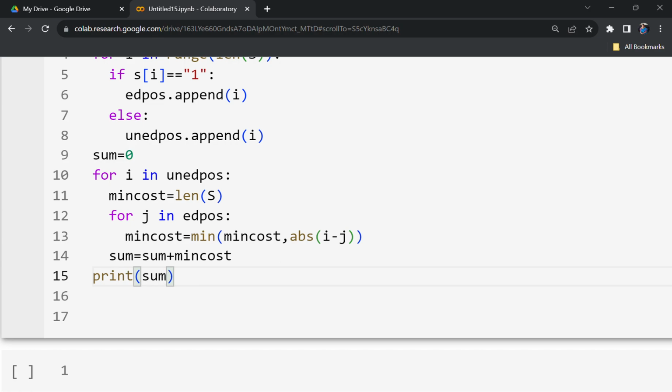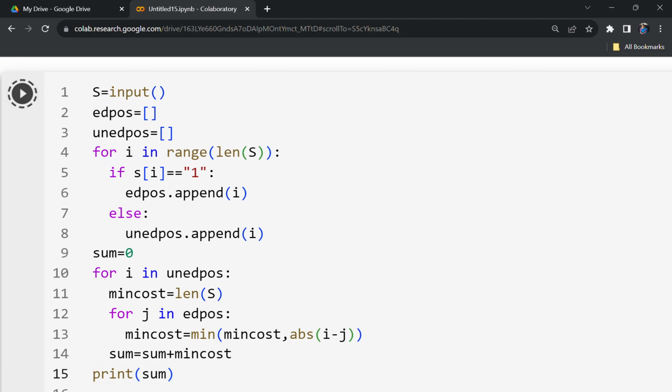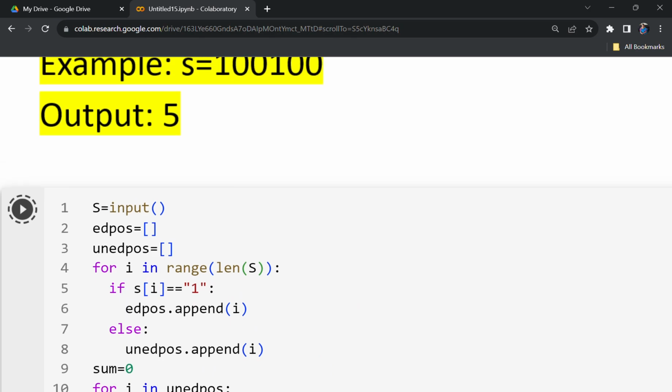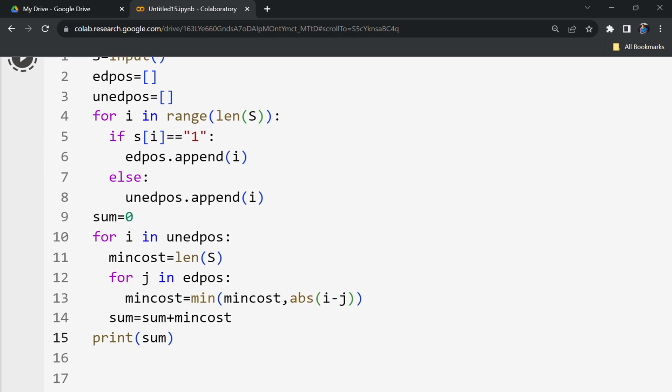So if the absolute value of I minus j is lesser than min cost, min cost will be updated to the absolute value of I minus j. Then after this j loop, update sum equal to sum plus min cost. Then finally display sum. So if our code is correct, we must get the output 5 for the sample input given in the exam, 100 100.